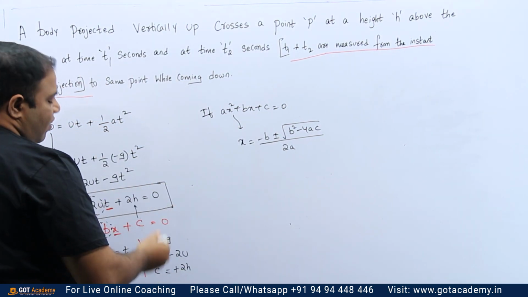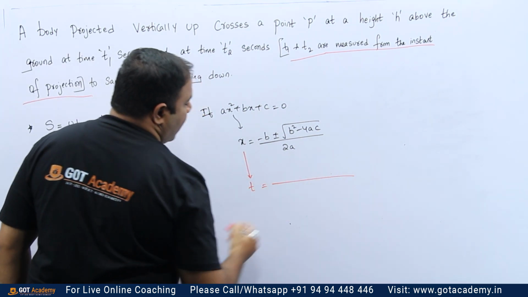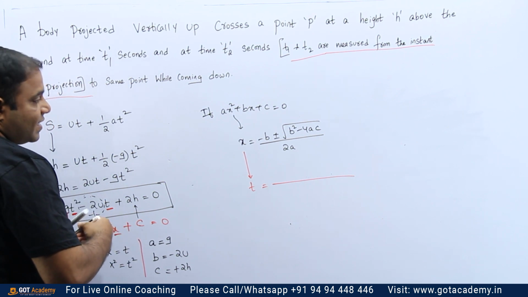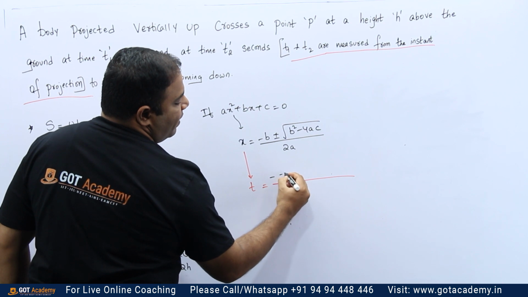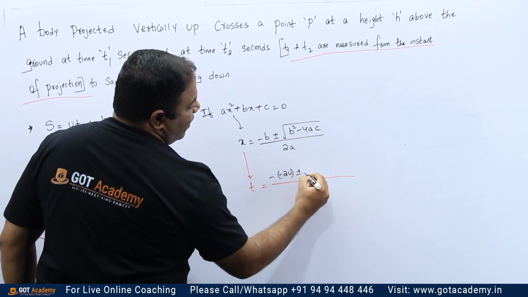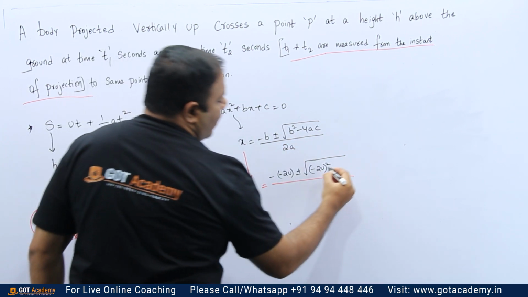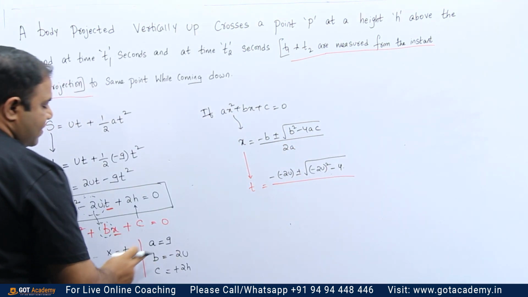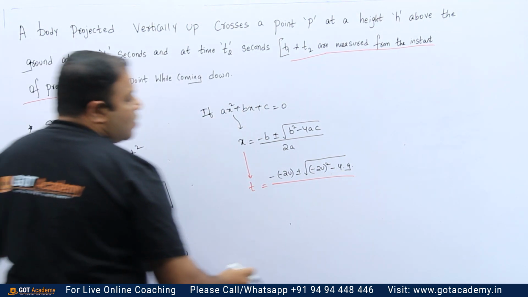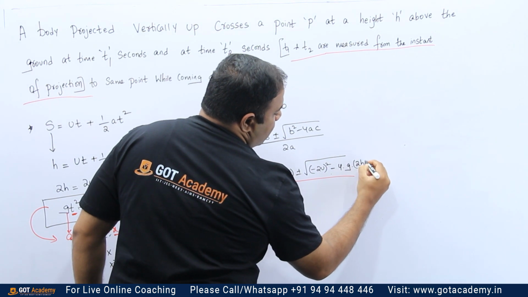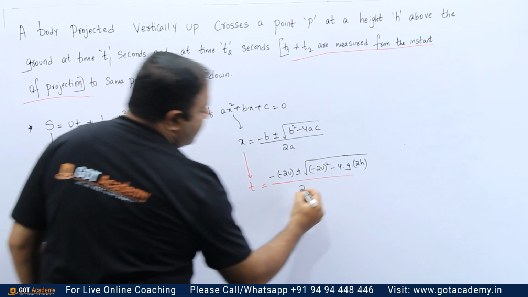Now let us substitute. In place of x, there is t. In place of b, you have minus 2u. So minus of minus 2u, plus or minus root over, in place of b square, minus 2u whole square, minus 4, in place of a it is g, in place of c it is 2h, divided by 2, in place of a it is g.